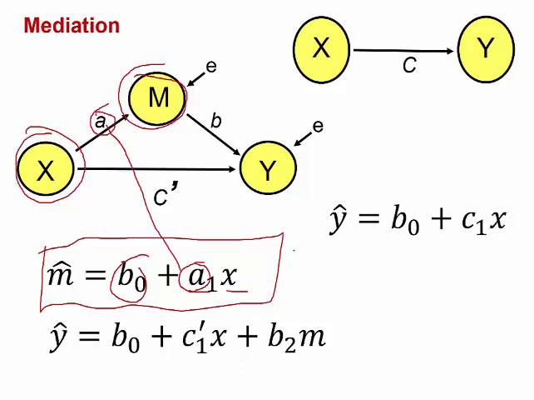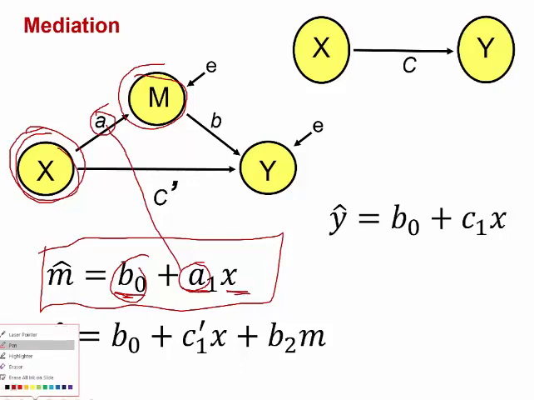So the mediator is predicted by X in this equation: the predicted M is equal to intercept plus a slope, which we call A, times X, which is your score on the predictor variable.